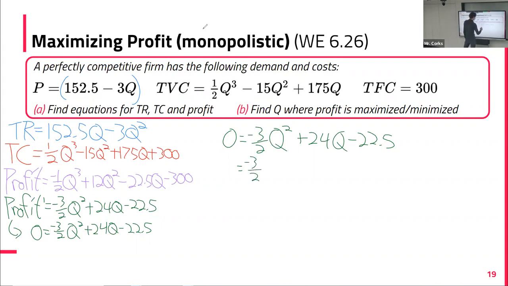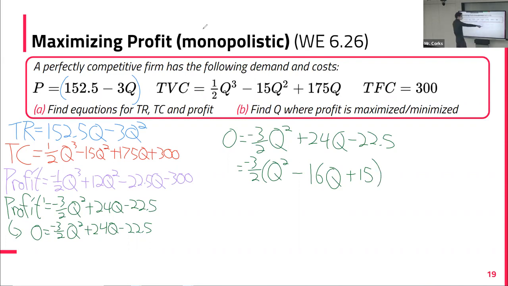So negative 3 over 2 q squared plus 16q, and then minus 15: 22.5 divided by 3 is 7.5, and multiplied by 2, we get 15. Or multiply by 2, we get 45, divide by 3, 15.